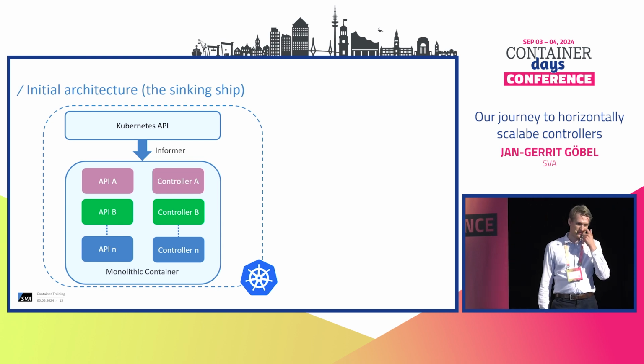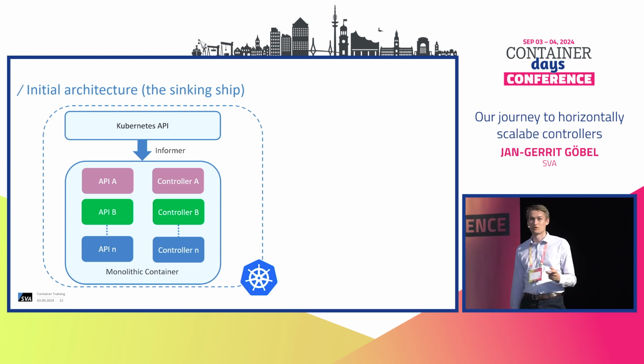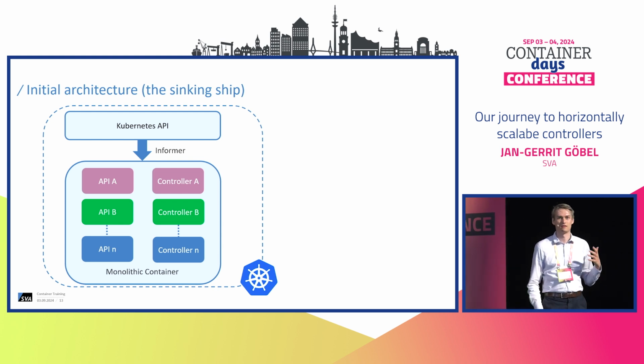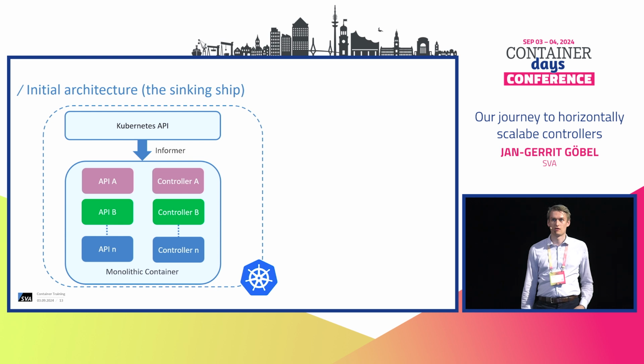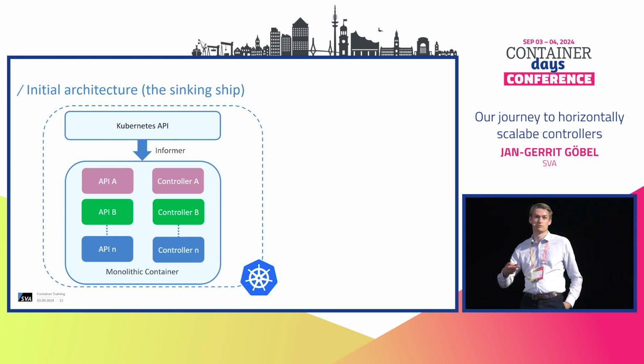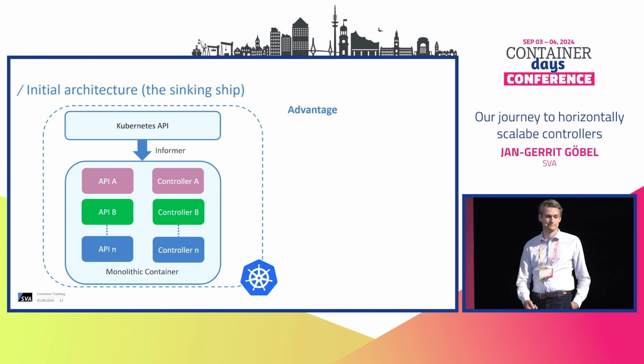This approach was very monolithic. We had multiple controllers inside a pod, which is an anti-pattern. Also, we had APIs that were provided to access all of the data inside of the front end, so the user can actually access the virtual machine.